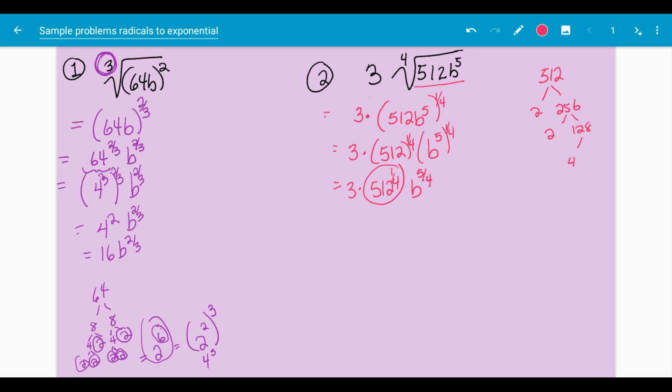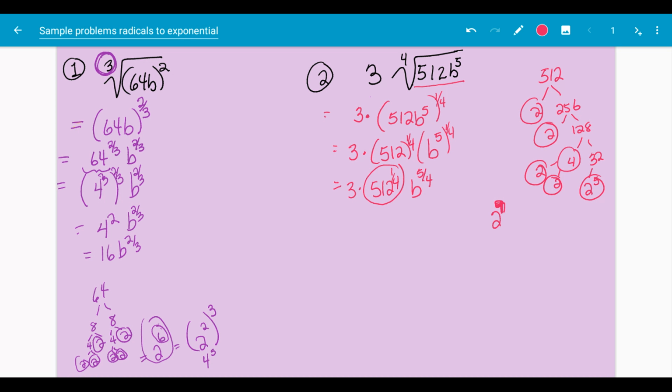That's 4, and that would be 32. And we know that 32, I don't need to keep going with that because I know that 32 is 2 to the 5th power. So I'm going to have a 2, a 2, a 2 to the 5th, so that's 2 to the 7th. Wait, I forgot this 2. 2 times 2. So it's 2 to the 5th, that's 2 to the 9th power.